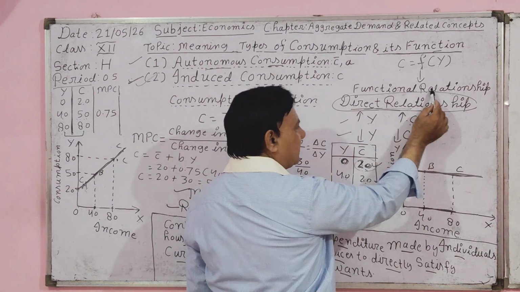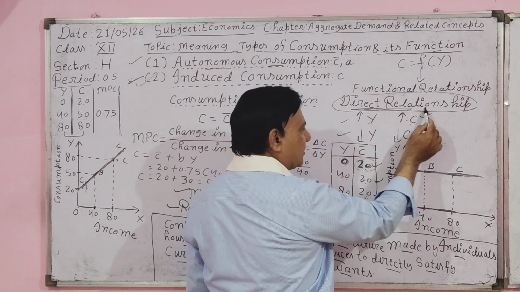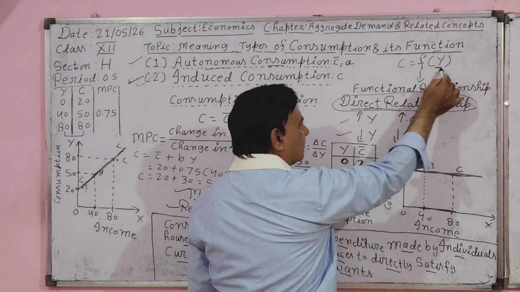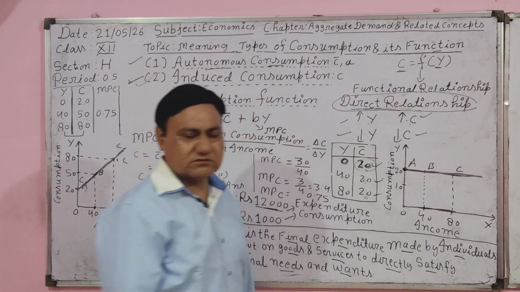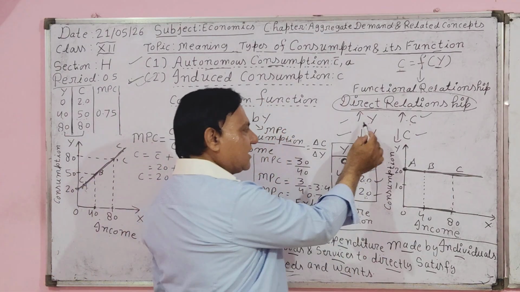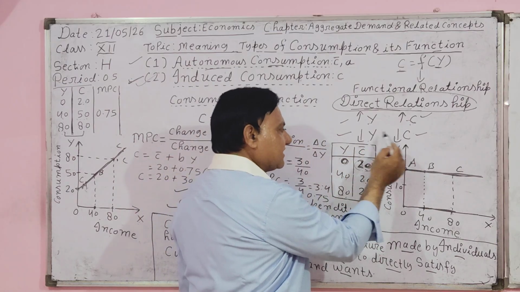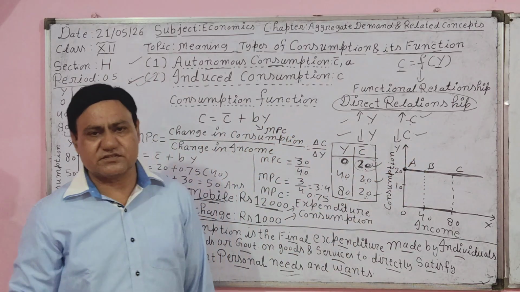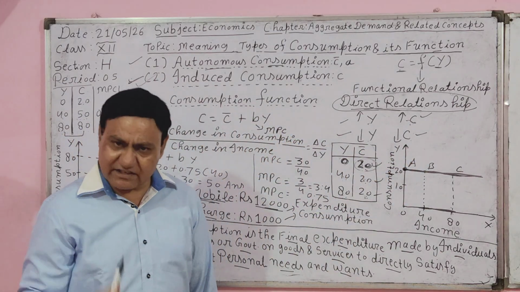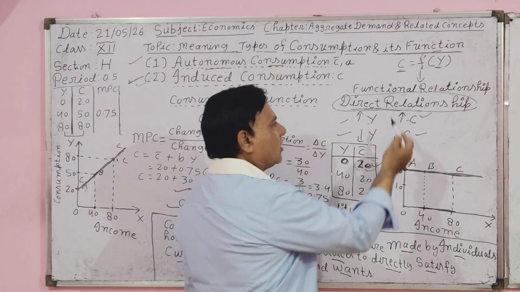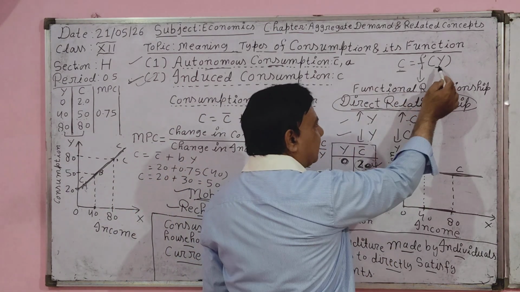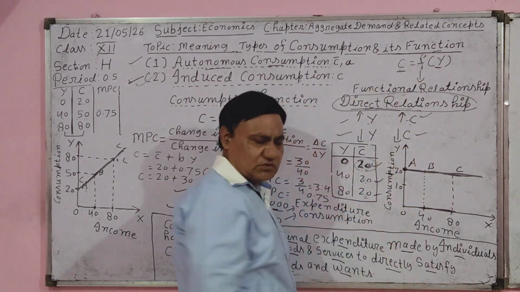Functional relationship means direct relationship between income and consumption. If our income increases, consumption will also increase. If our income decreases, consumption will also decrease. It shows direct relationship or functional relationship between income and consumption.